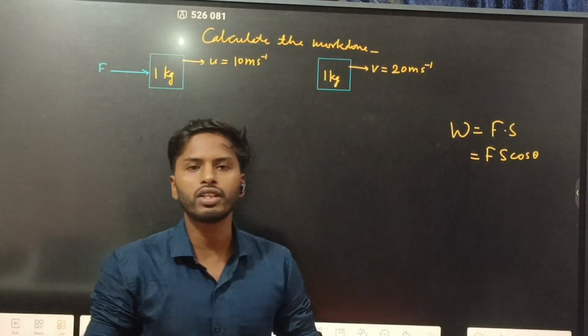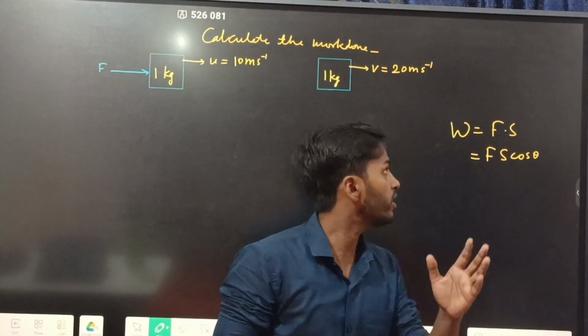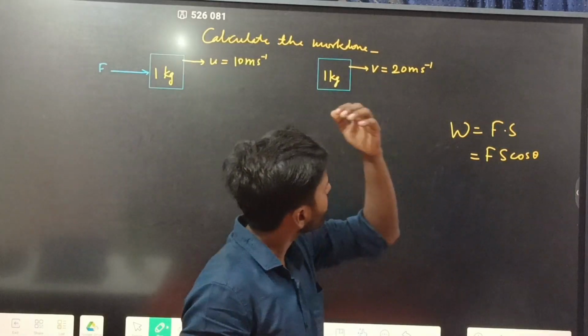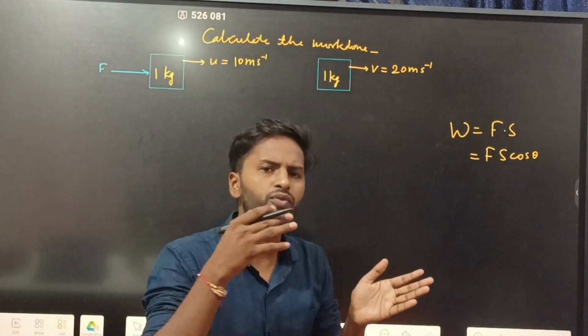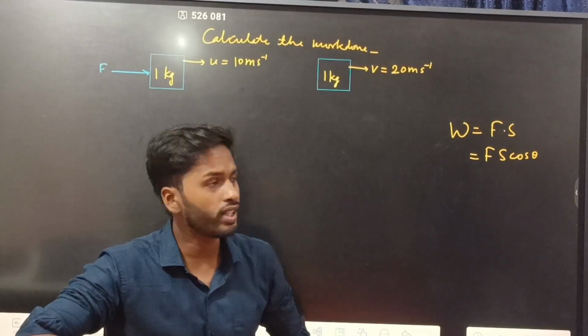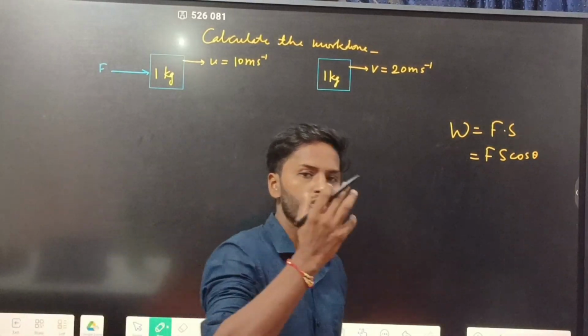But in this question, we don't have the data of force or displacement, and no angle is given. Well, the angle is implied because force and displacement are in the same direction, so theta is 0 degrees, but still we don't have the value of displacement and force.